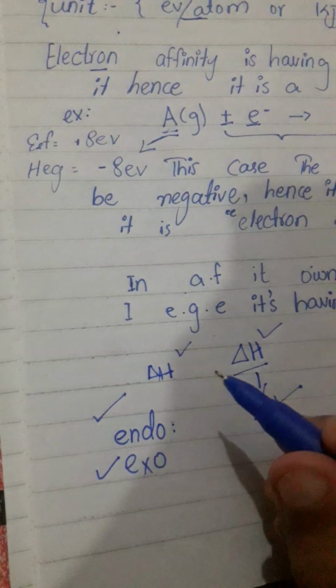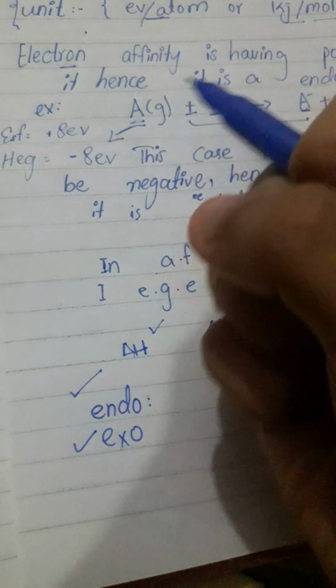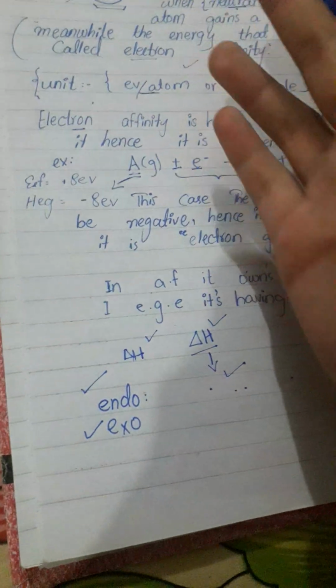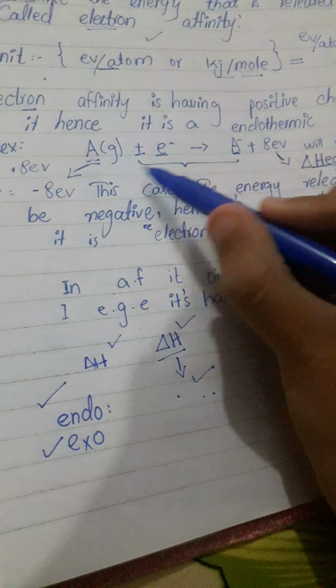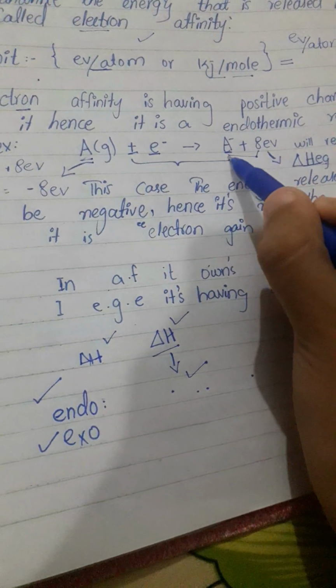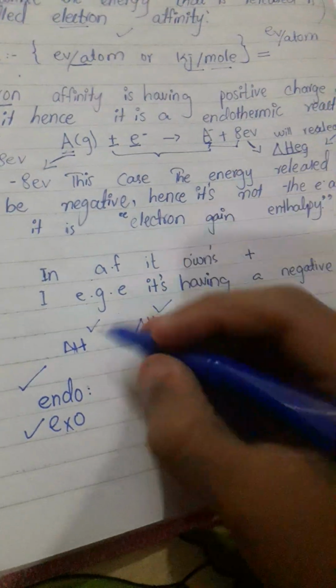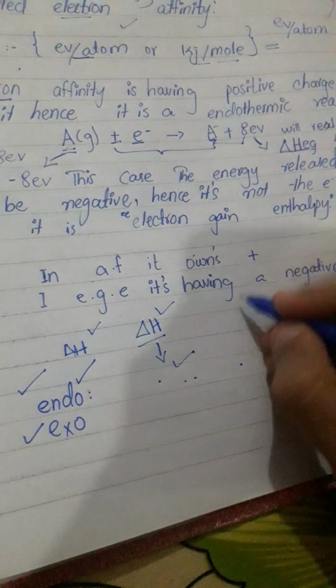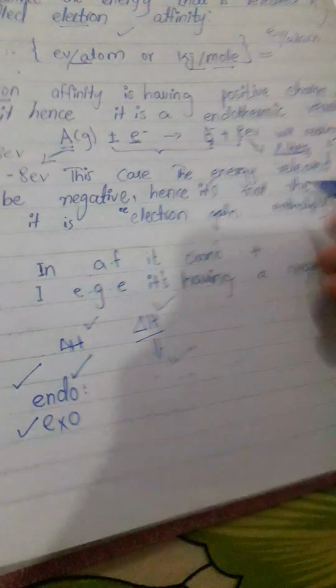Endo says whenever it absorbs heat, and exo says whenever it releases heat. If you check it out here, they are getting attached together and forming another state, and the release of energy will be done. So simply it will release energy, and it will always be positive.